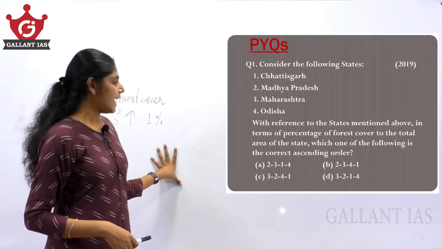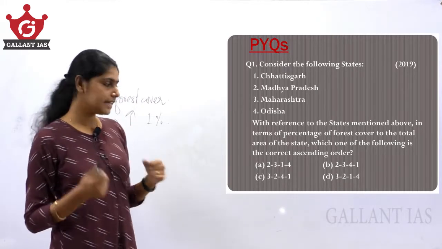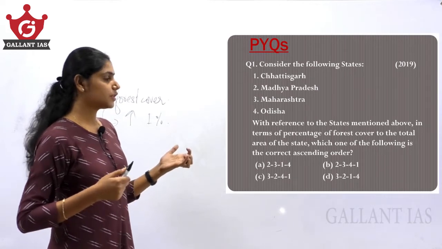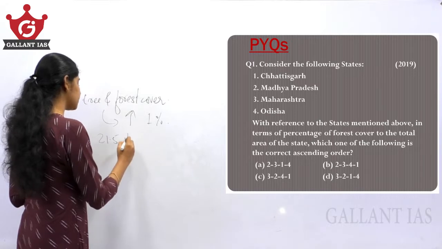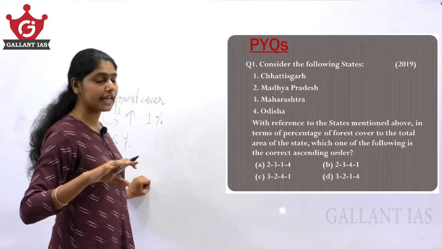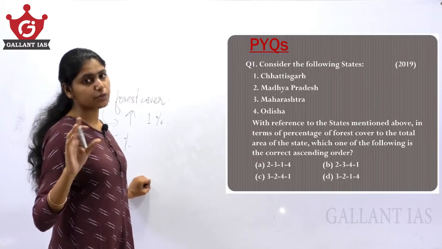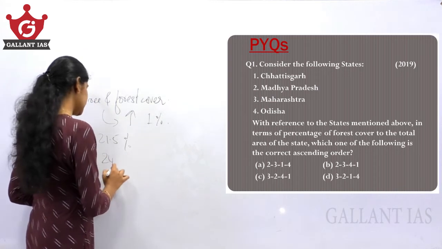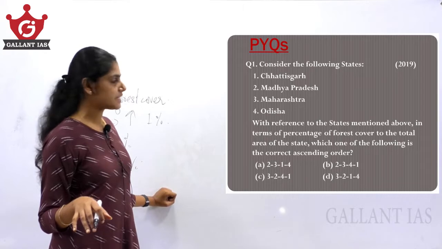Okay, and the total forest cover has increased to 21.5% of the total geographical area of India, as well as when we take the forest and tree cover combined, it is increased to 24.3% of the total geographical area of India.